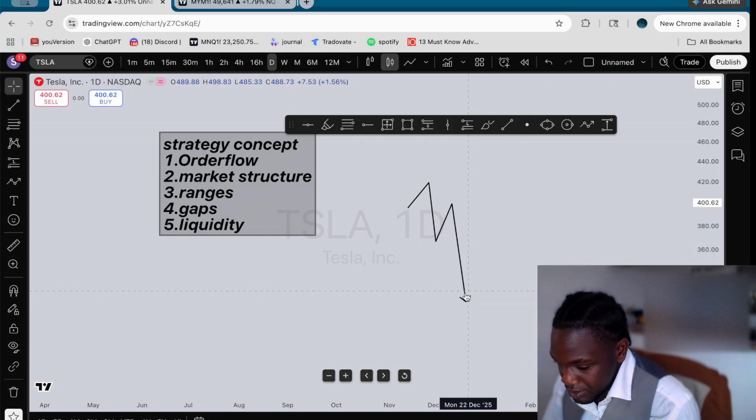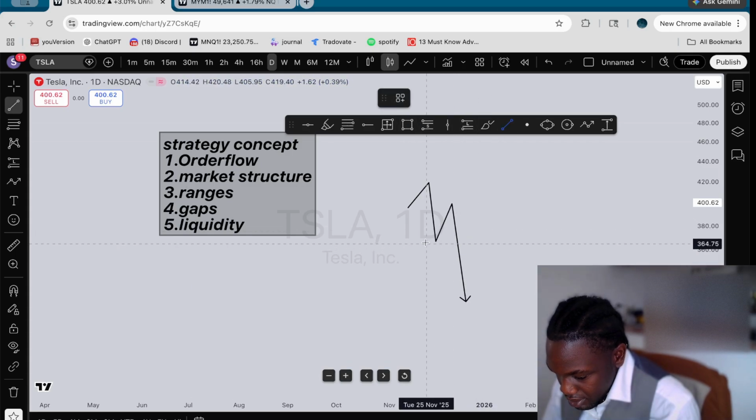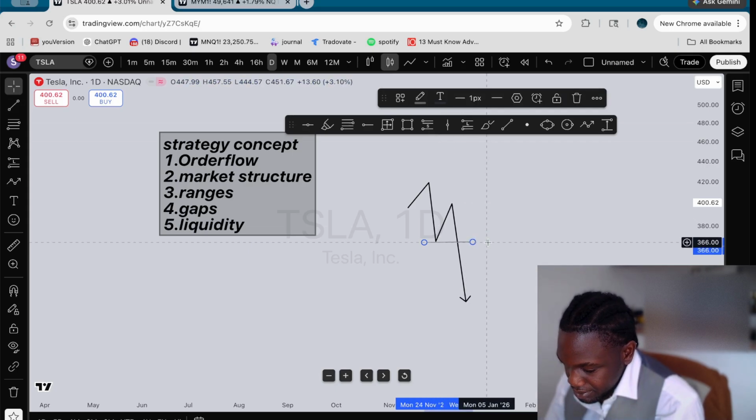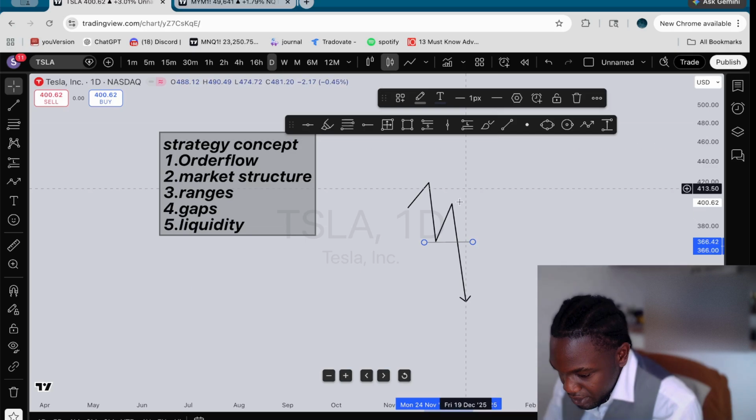Alright? So what does that look like? Take this move for example, right? This is the low that was recently broken. Now there's gonna be gaps on this new range that formed, this range.